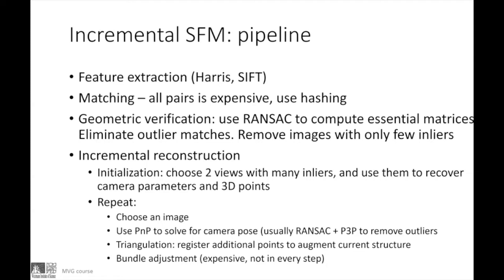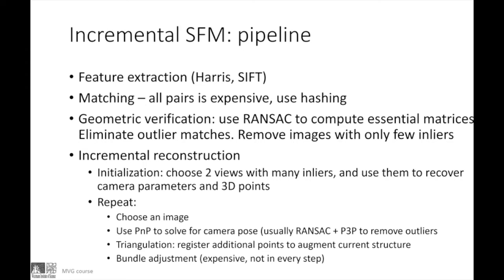We hope that we have enough inliers that are common with the reconstructed points and with the new image. In fact, we need at least 3 inliers here. And with 3 inliers, we can solve for the new camera pose.